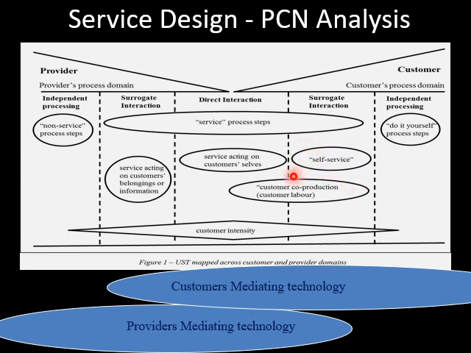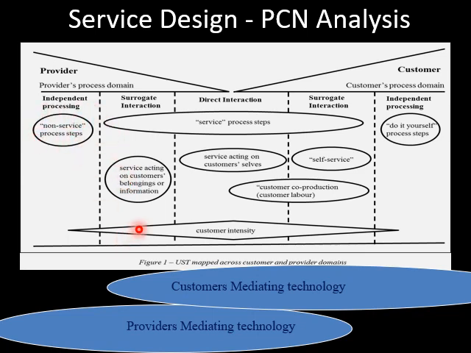And this space is co-production, where the customer uses their own labor but actually does something with the supplier in an interactive way, a direct interactive way. This is do-it-yourself. This is service using belongings, and this is really manufacturing.